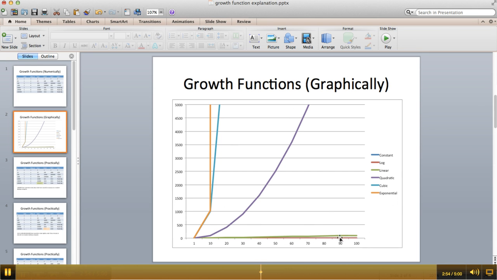Logarithm just barely peeks out above the x-axis, and linear is also really low. So we see quadratic right here, and then cubic and exponential immediately skyrocket even for very small values of n. So this is n equals 10 here. And we see that exponential grows even faster than cubic. If we extended this graph out to higher numbers, we would see exponential gets much worse than cubic much, much faster.